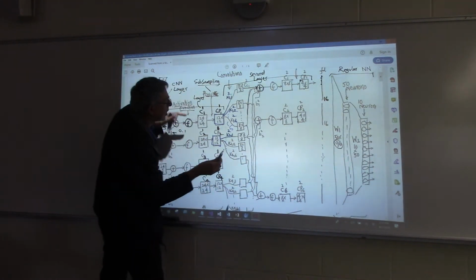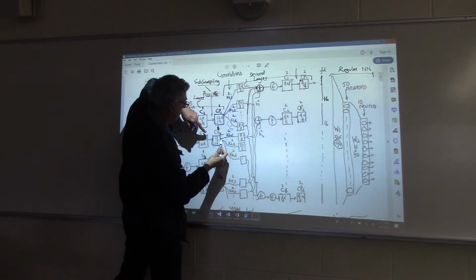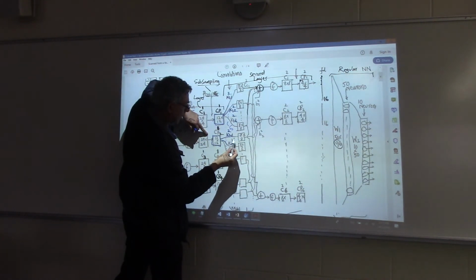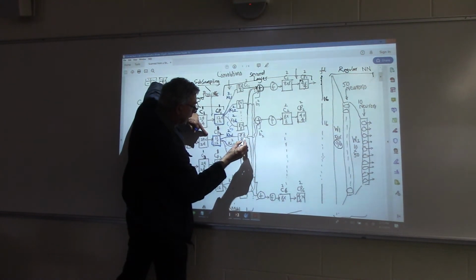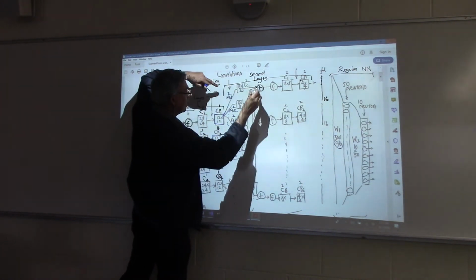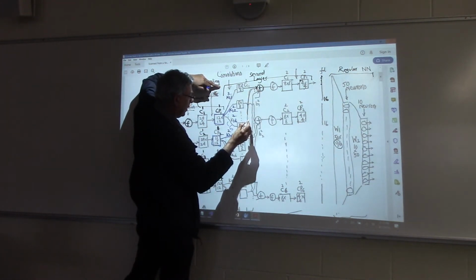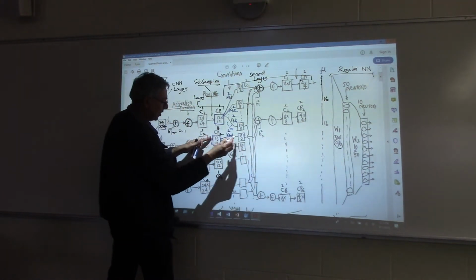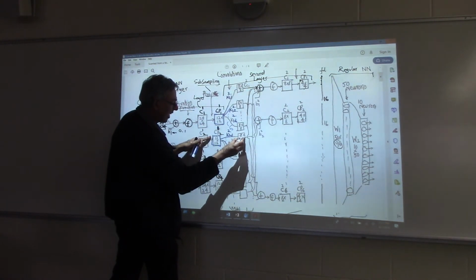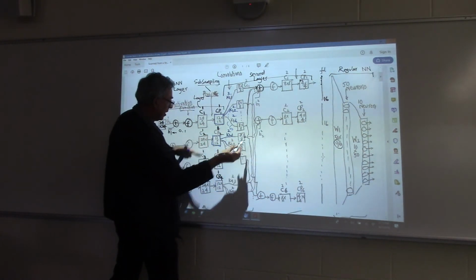I messed up the picture, let me see. The first one should come from the first one, on the top. The second should be connected to the first.